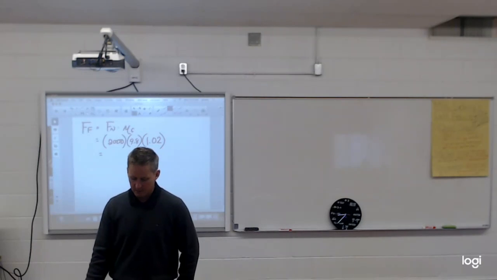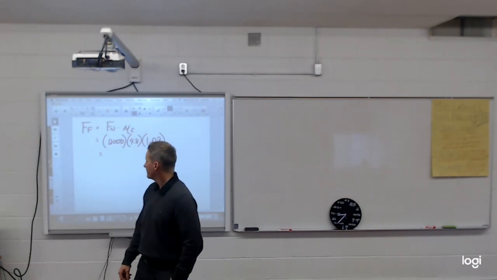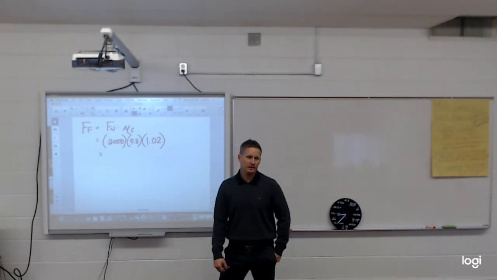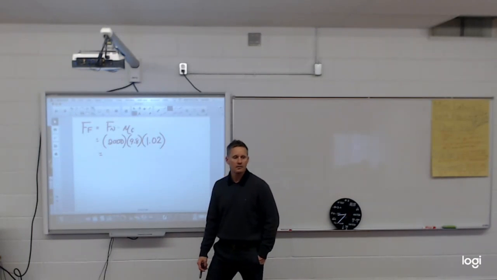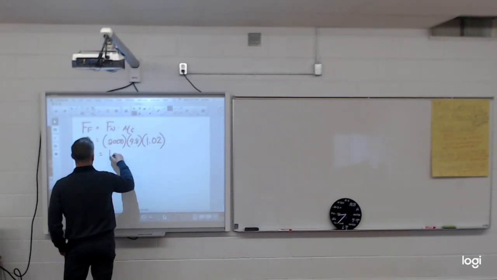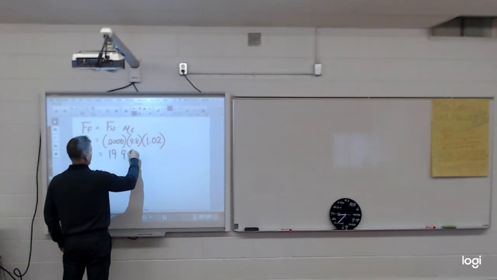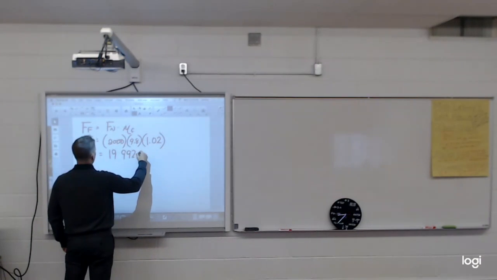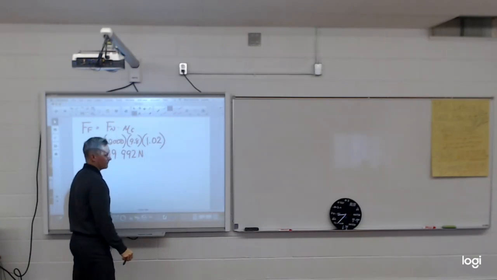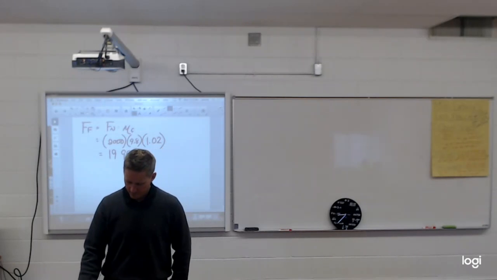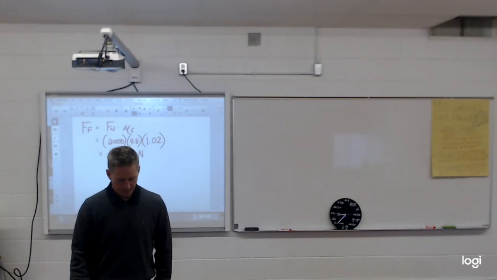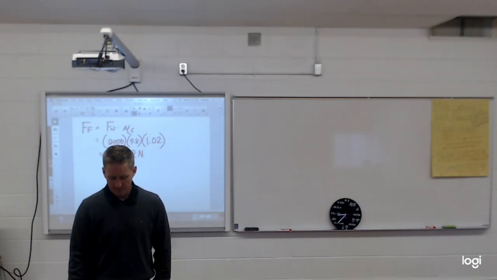So we'll take 2,000 times 9.8, so 19,600 times 1.02. 19,992. Good enough. All right, so far? Okay. So again, not new.